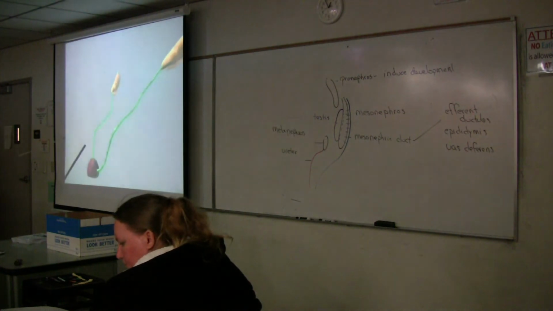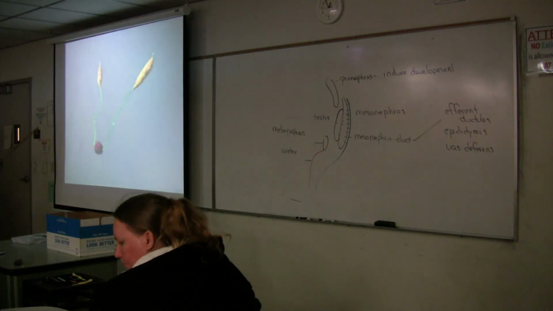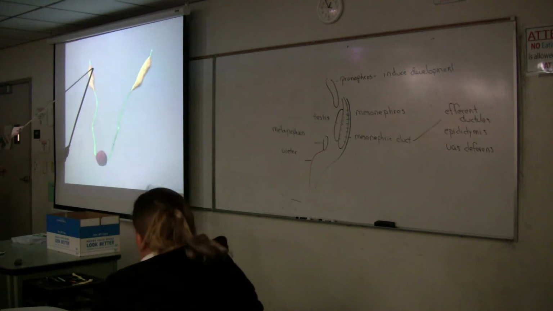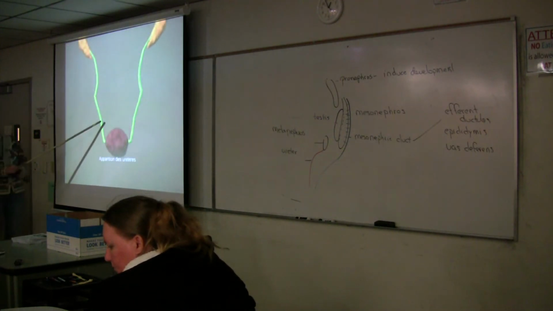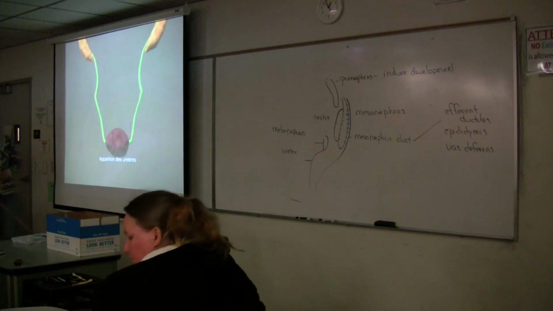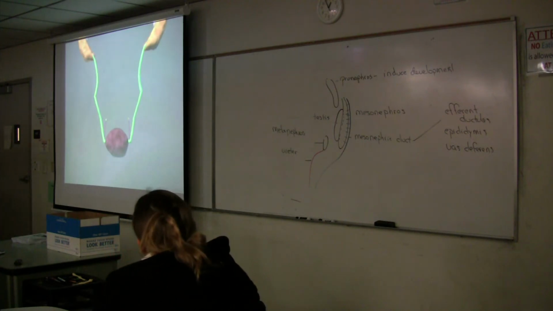So the mesonephros and the mesonephric duct, and the gonads will develop right here. True kidney or metanephros is developing closer to the bladder. It moves up as the gonads move down. Okay? Here's our gonad, our testis in this case.